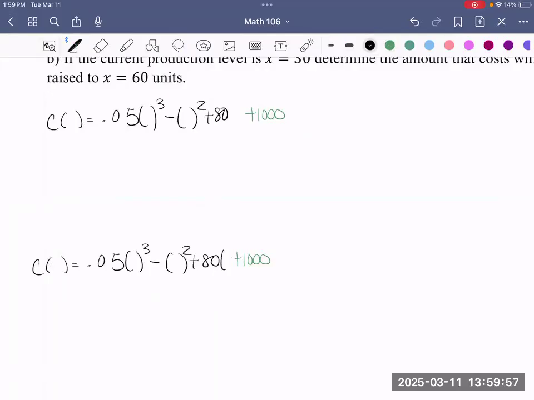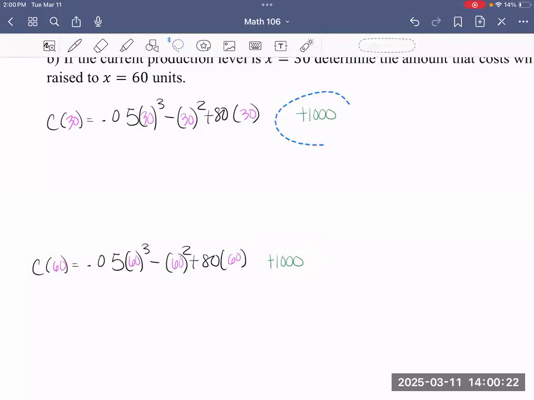I'm just being lazy today. I don't feel like writing so much out. Arguably, I'm making maybe more work for myself, but who knows? So we said 30 and 60. So we got 30, 30, and 30, 60, 60, and 60. Let me go ahead and move that just a little bit closer.